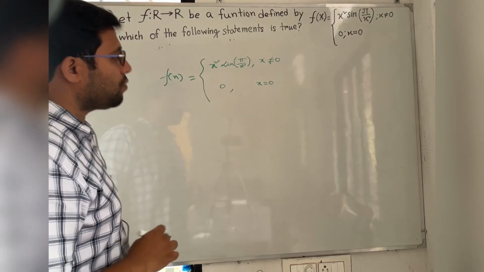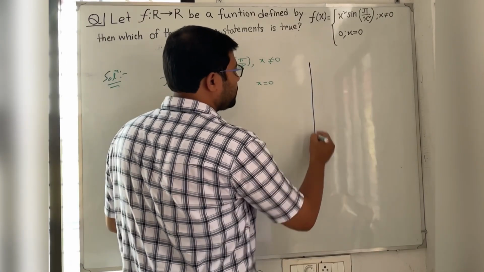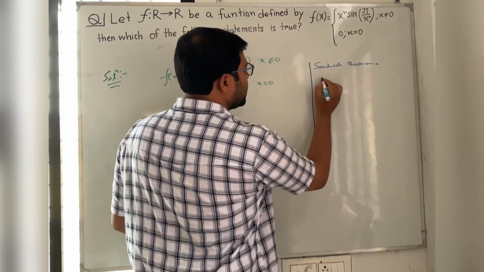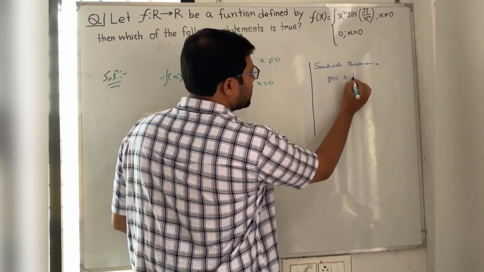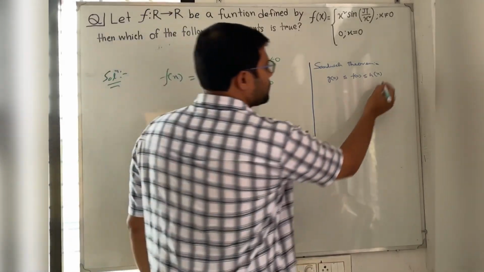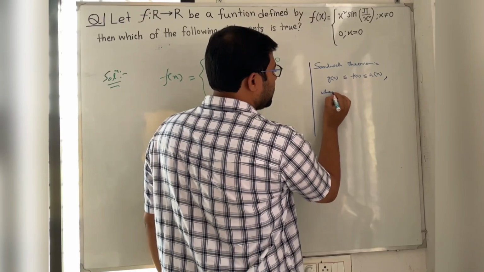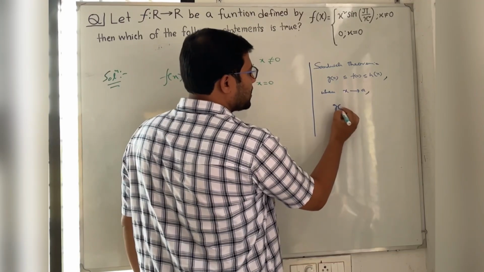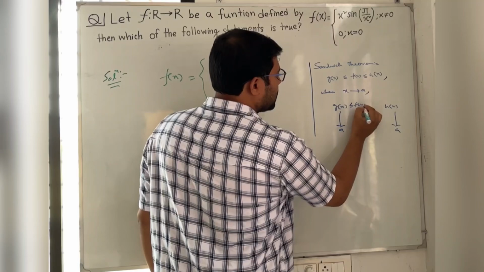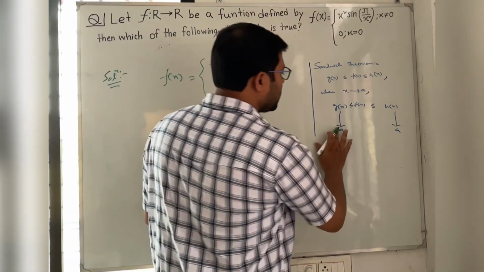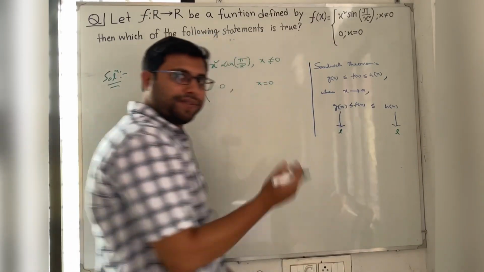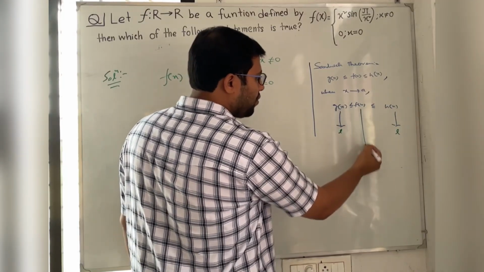To check this, we have to use a theorem called the sandwich theorem, which states that if f(x) is a function such that f(x) lies between g(x) and h(x), and when x tends to a certain limit a, if g(x) and h(x) converge to l, then without any calculation we can say that the function which lies in the middle of g(x) and h(x) will also converge to l.